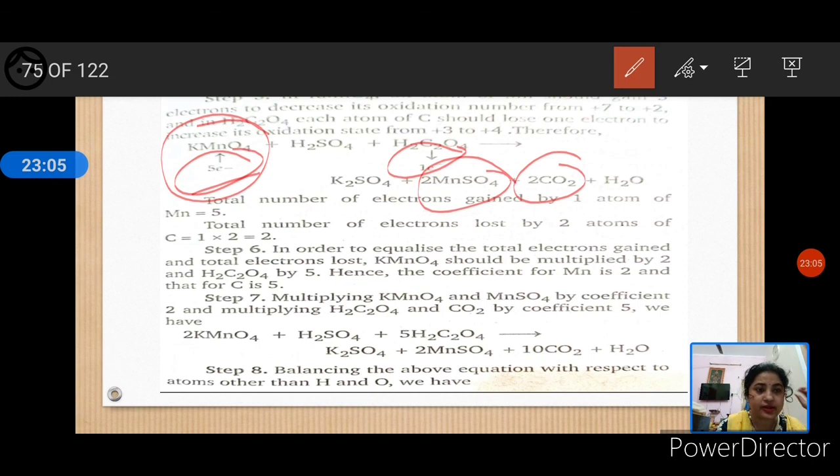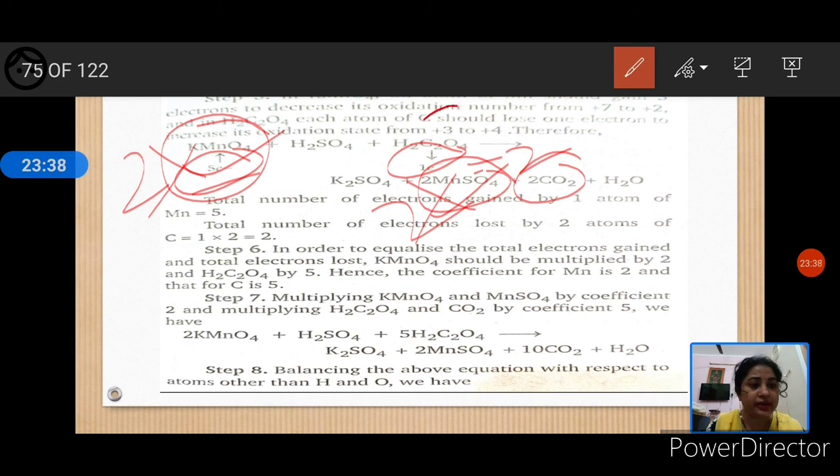What next step do we have to do? 1 electron is lost by 1 carbon, and there are 2 carbons here, so the coefficient will be 2 electrons. This 2 will be multiplied wherever manganese is present, so 2 KMnO4 and 2 MnSO4.